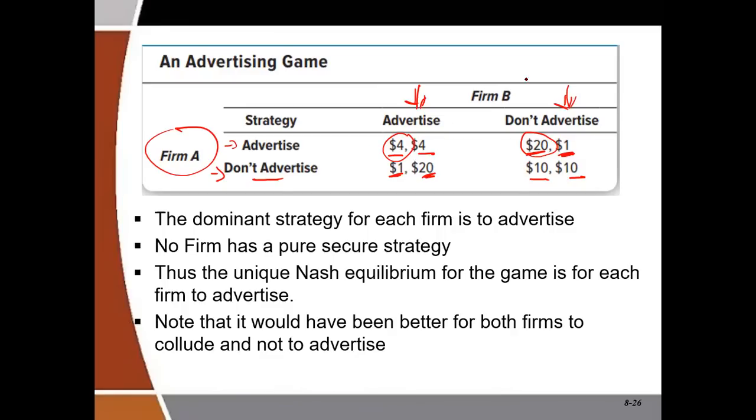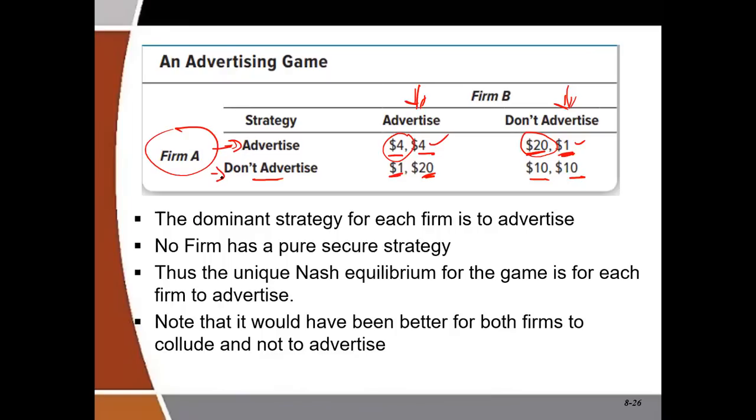Now let's look at firm B. So to check that for firm B, we will examine the situation by holding firm A at their strategies. So if we hold firm A at advertise, the best response for firm B is to advertise because 4 million is better than 1 million.